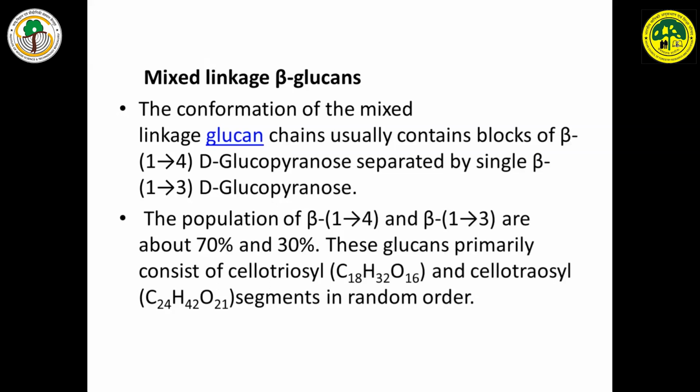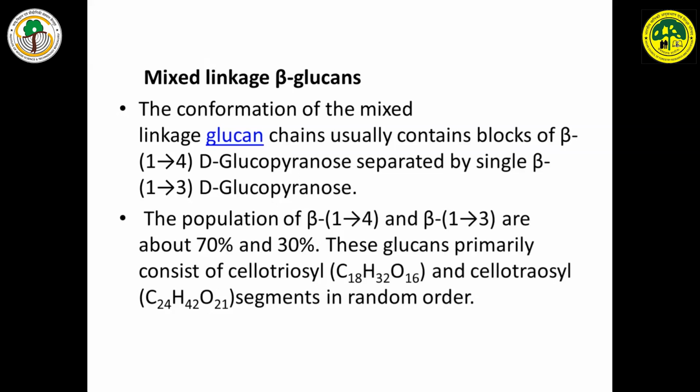The proportions of beta 1,4 and beta 1,3 are about 70 and 30%. These glucans primarily consist of cellotriosyl and cellotetraosyl segments in random order. Actually, this cellotetraosyl is a 4-carbon monomeric unit.